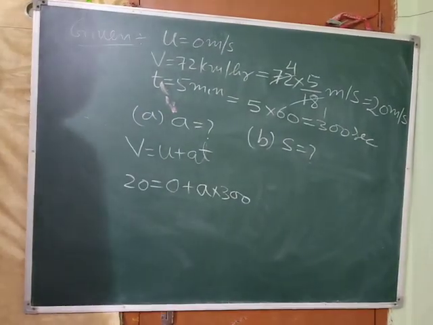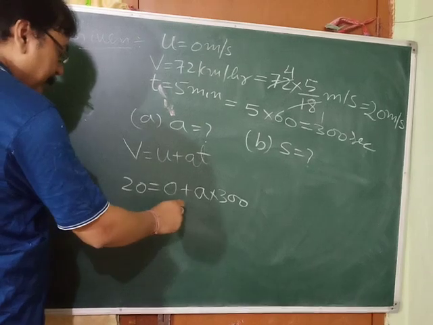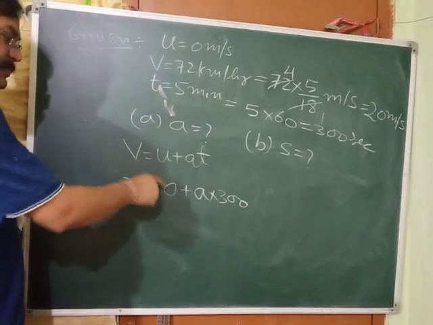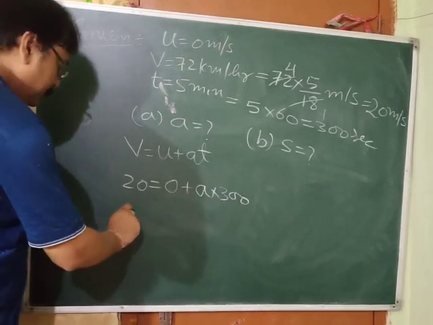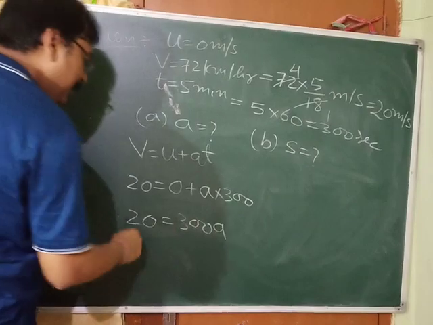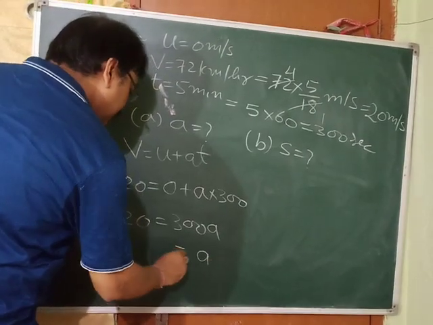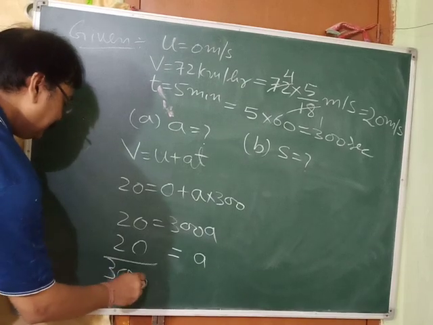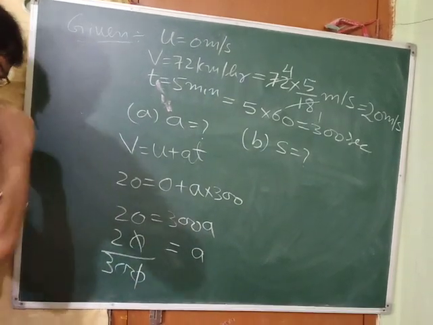So now what have we got? 300a equals 20, because u is 0. So a equals 20 by 300. One zero can be cancelled out.